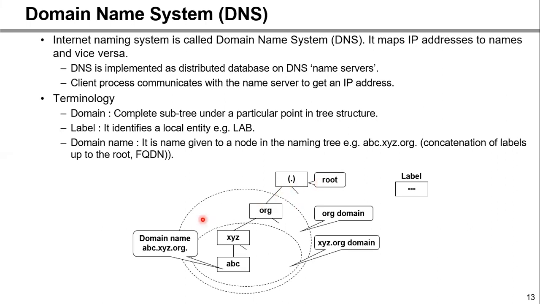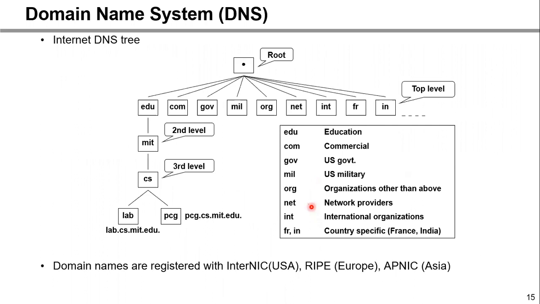Then you have multiple options such as .edu, .com, .gov, .mil for military, .org for organization, .net, and so on. Edu is for educational institutes, just like we have mitwpu.edu. But again, that edu is within the country. You have France, you have India, you have the UK.